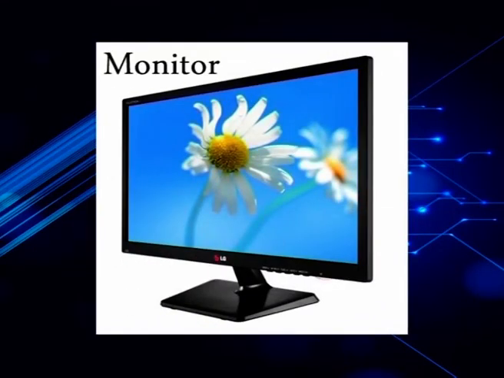Then comes the monitor. The monitor is an output device that displays data in a pre-programmed manner. This allows you to evaluate the data and perform an appropriate action on it. The data can be text, video, pictures, graphics or anything else you can think of.